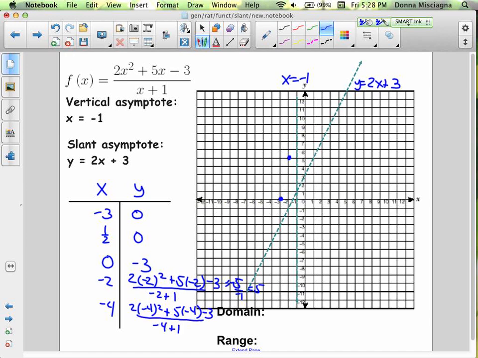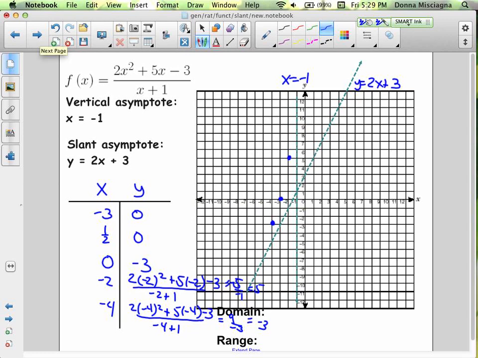That's going to give us 16 times 2 is 32. Minus 20 is going to be 12. 12 minus 3 is 9. And another nice one. -4 plus 1 is -3. That's going to be -3. So we have the point -4, -3.